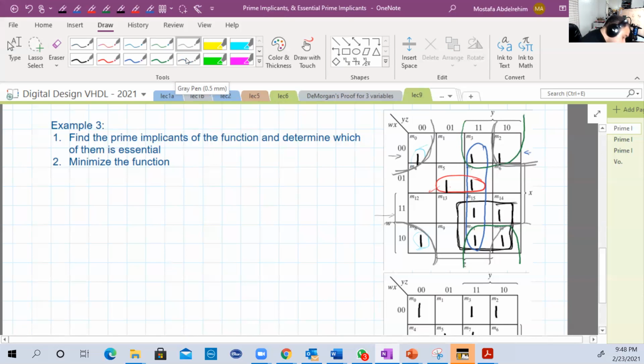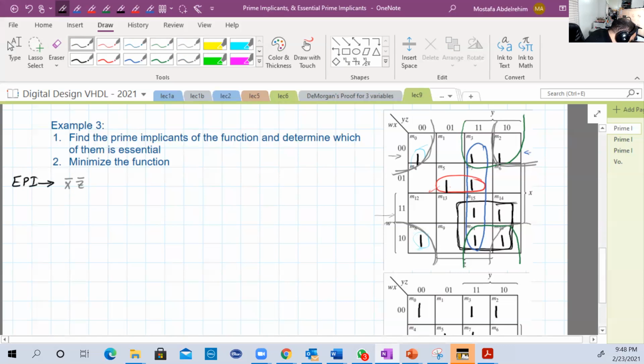W is changing, X is not changing, so X bar. Then Y is changing, but Z bar is not changing. So the essential prime implicant is X bar Z bar.